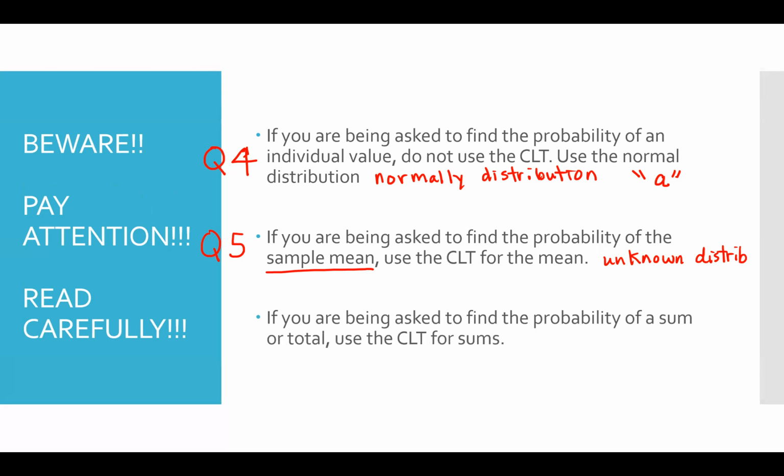And then if you're asked to find the probability of a sum or possibly a total, you're going to use the central limit theorem for the sums. Again, typically here you will have an unknown distribution.